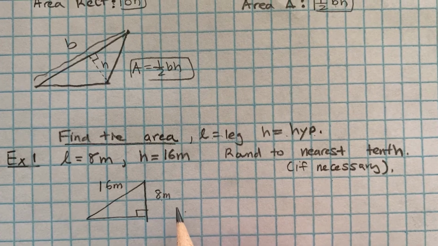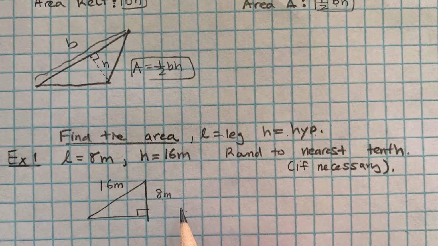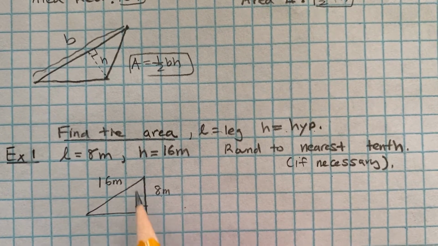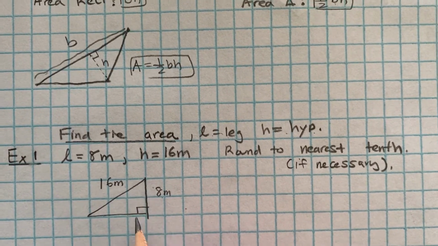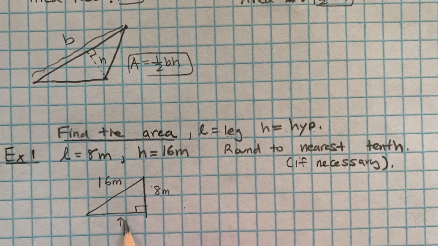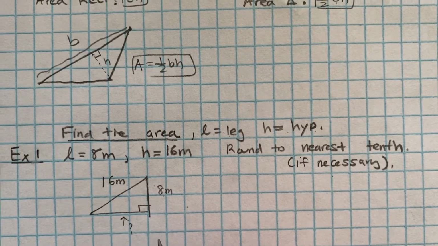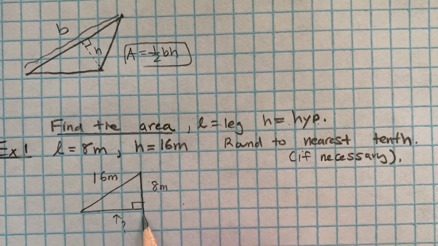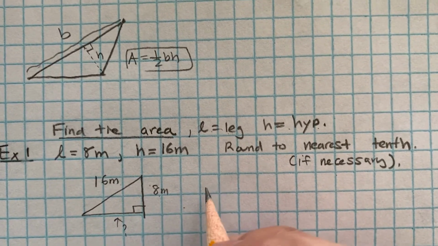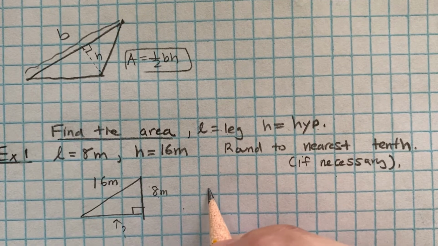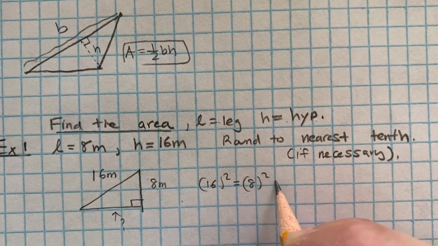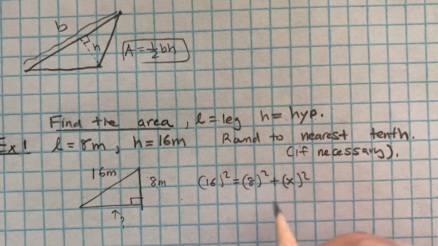Well, over here, if you're given a hypotenuse, you can't just say the area is 1/2 times 16 times 8. I need to calculate what this is. Okay, so I have to use my Pythagorean theorem. And I call this the base and I call this the height. Okay, so using my Pythagorean theorem, 16 squared is equal to 8 squared, and we'll just call this x squared.